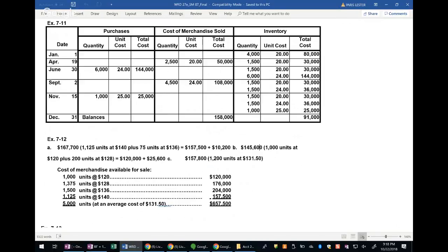You could have gone down through there under FIFO and started up and took 1,125 units and then 1,500 units, then all the other units with 200. That's the long way around. We're just adding together. You've got it right here in front of you, so please try to remember this. Here is the merchandise you have available for sale. And under FIFO, what is the value of ending inventory?